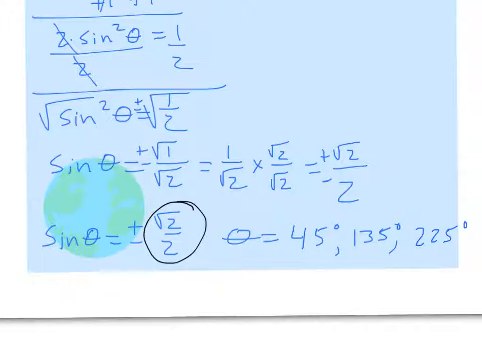There's solution number 3. And 315 degrees has a sine value of negative square root 2 over 2. So there's 4. Notice that all solutions are between 0 and 360, and they all have sine values of square root 2 over 2 or negative square root 2 over 2, and we refer to the unit circle. Okay?